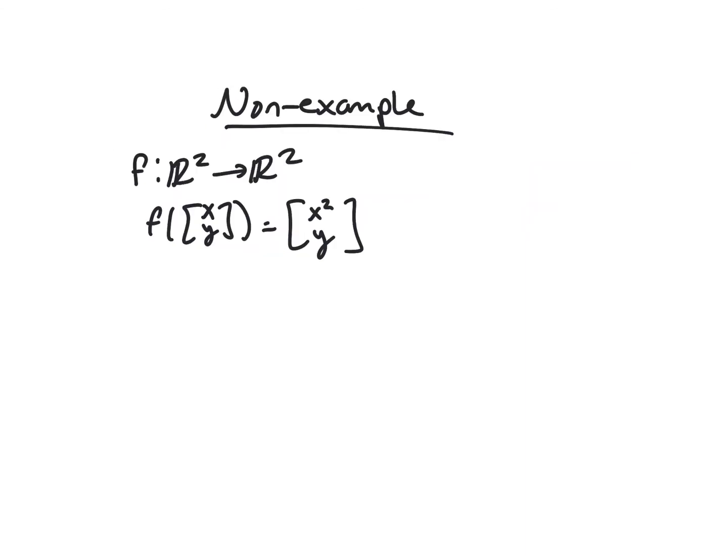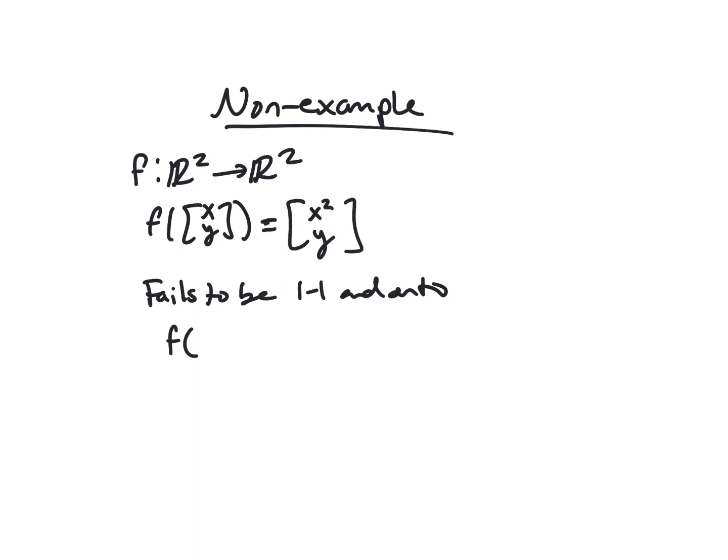Okay, so let's finish off by looking at a non-example. So here we see an x squared. We square the first coordinate with our function, but keep the second coordinate the same. So why is this not an isomorphism? It fails to be one-to-one and onto because of the squaring, right?